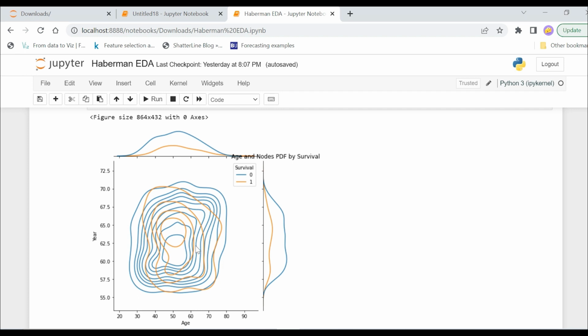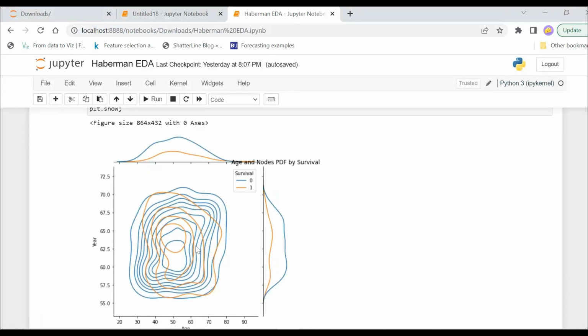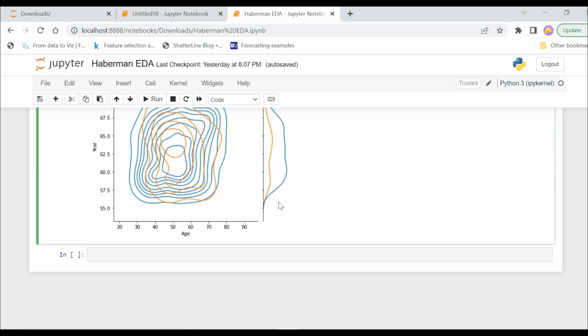This is also giving you the same thing. So you should have the combination, basically the age, the year, the operation year, something like this. We have used age and nodes, age and years, right? What else is pending? I guess these two joint plots can only be possible here. So this is also proving the same thing what we have opted.